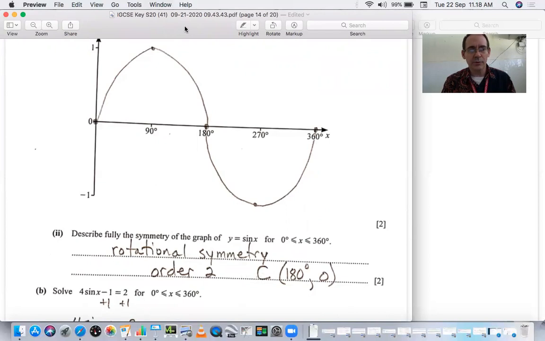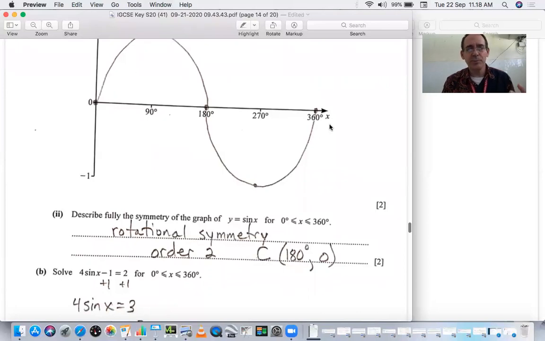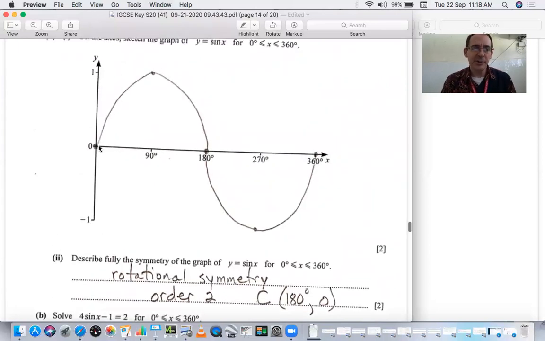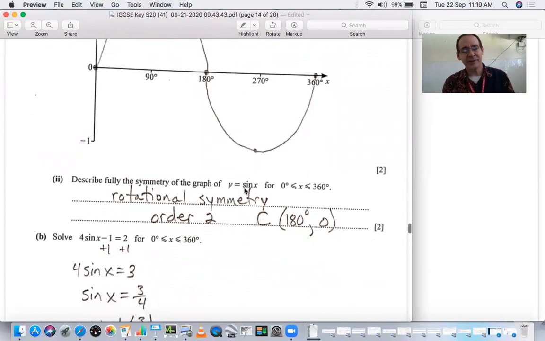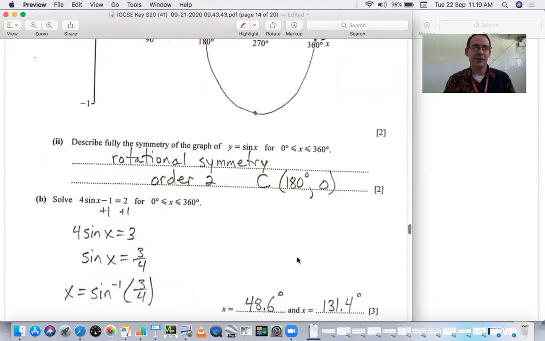Likewise, the 1 will rotate over to -1, the -1 will rotate over to +1. And so since there are two places, the original place and the rotated place at which they look identical, it means that it has an order of 2. So rotational symmetry, order 2, from a center of 180, 0.